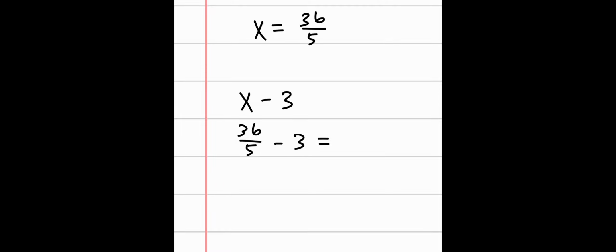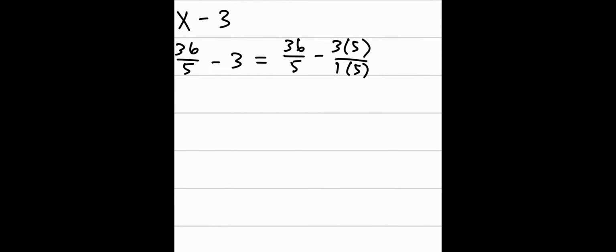So I'll get 3 times 5 over 1 times 5, right? 36 over 5 minus this, which becomes 36 over 5 minus 15 over 5. Or, let's see, 36 minus 15 is going to be 21 over 5. So that's going to be my answer.